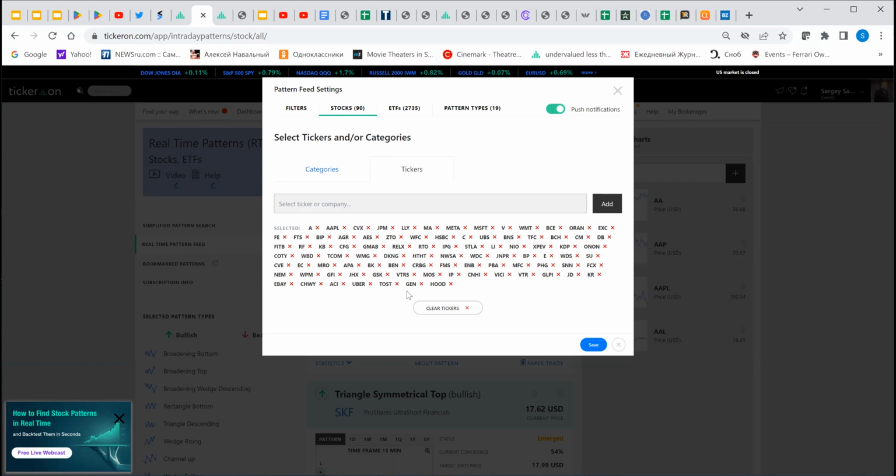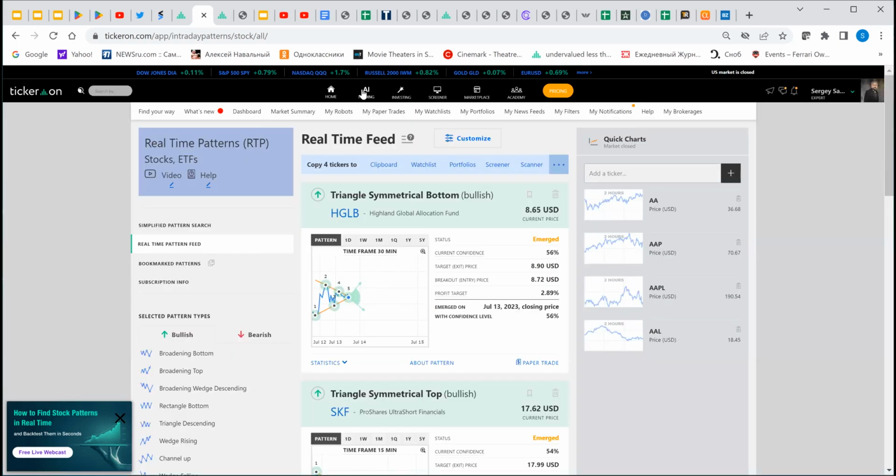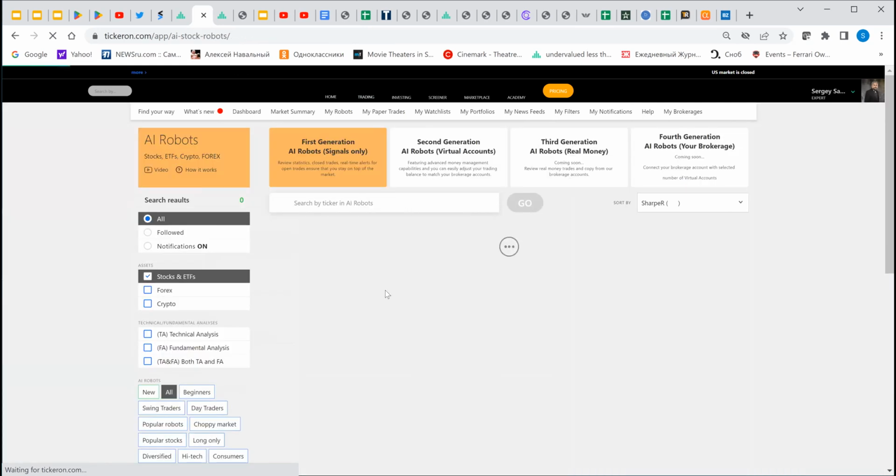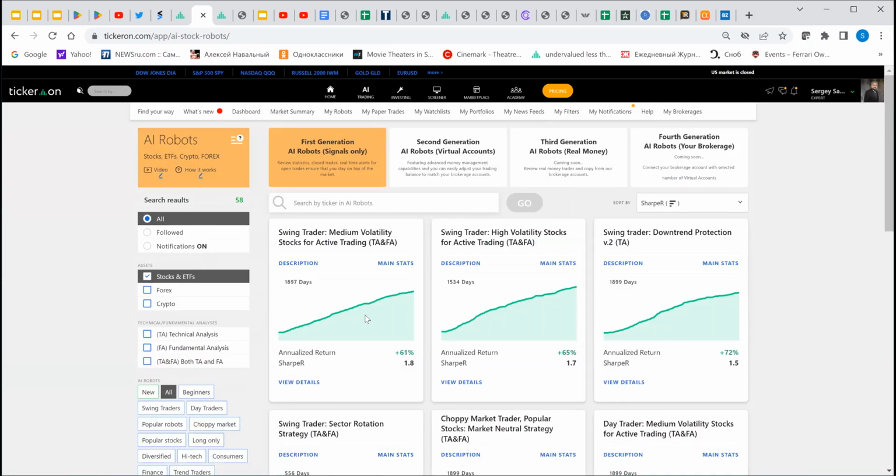And then it says, okay, why don't you find patterns? Why don't you find trends or something else? And then it does all of this programming and presents real entries without human involvement. And that's what AI robots are, okay?